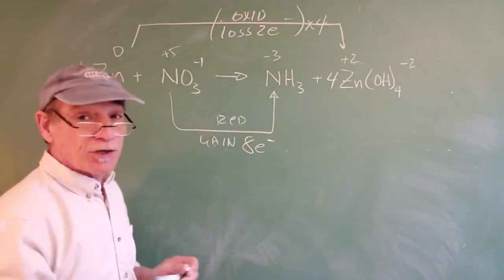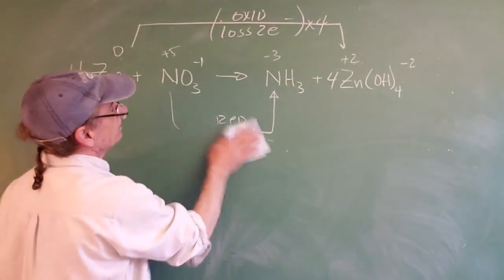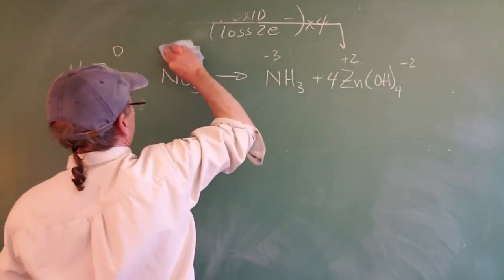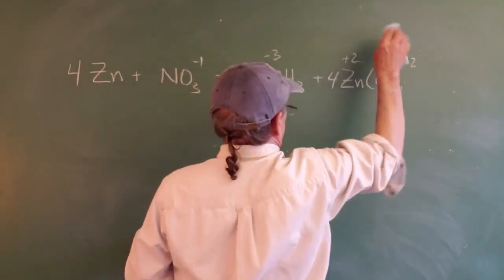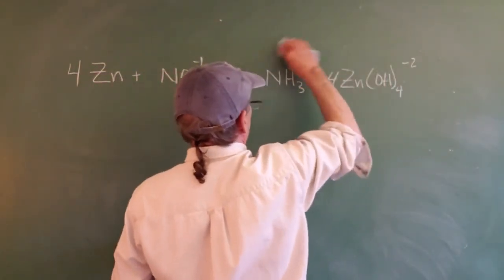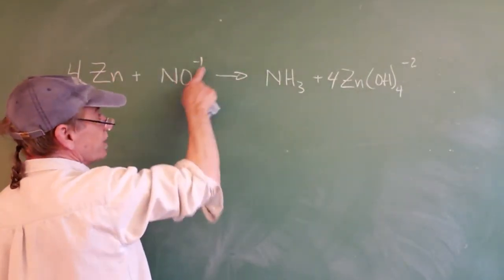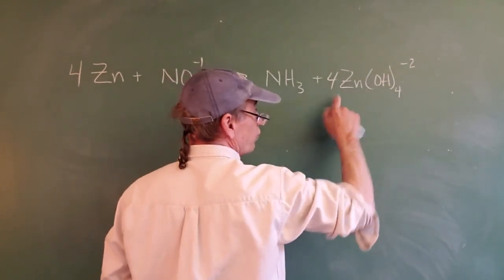All right, so hard part's done. We've got the electron exchange balanced. I'm going to go ahead and erase the arrows again, just to neaten things up. And we'll take away our oxidation numbers there. I left the ionic charges. Remember, the ammonia was neutral, the zinc was neutral, but the nitrate has a -1 charge, and the complex has a -2 charge, and there's 4 of them.